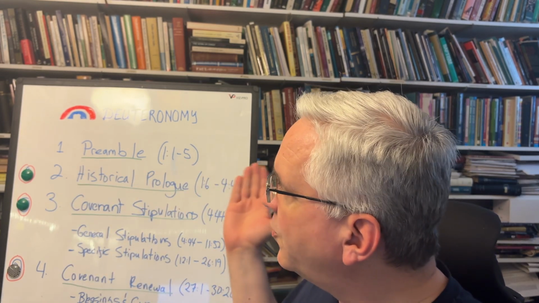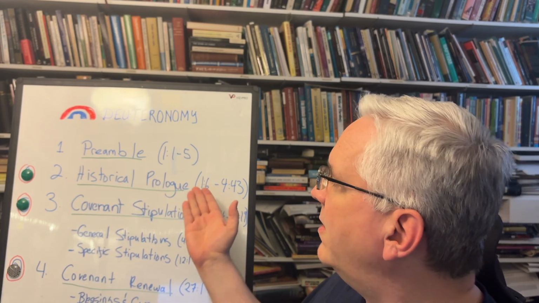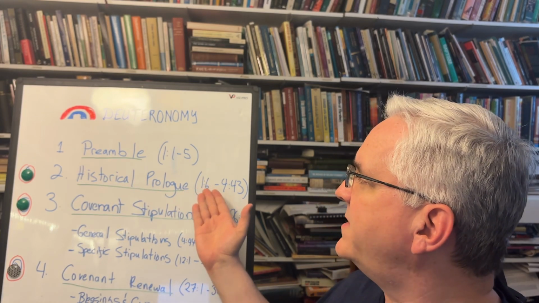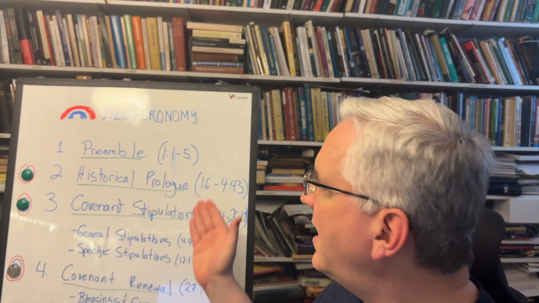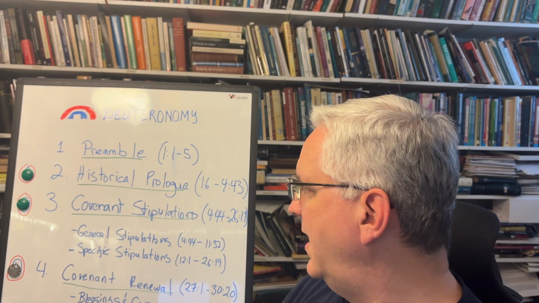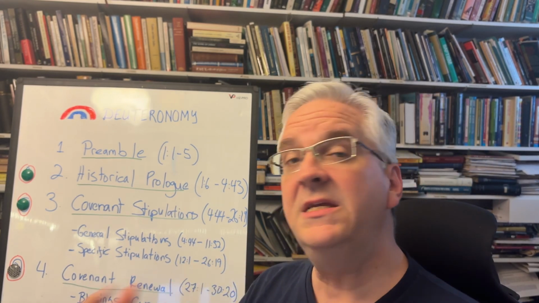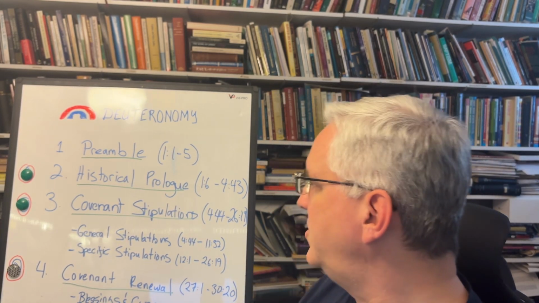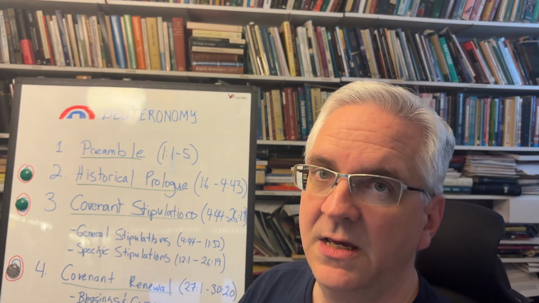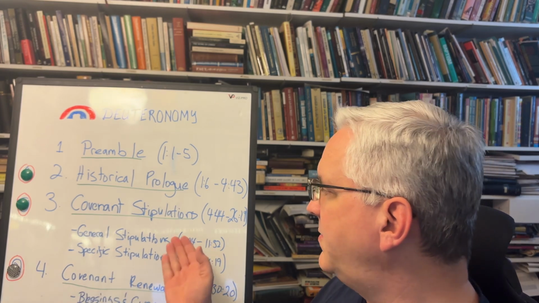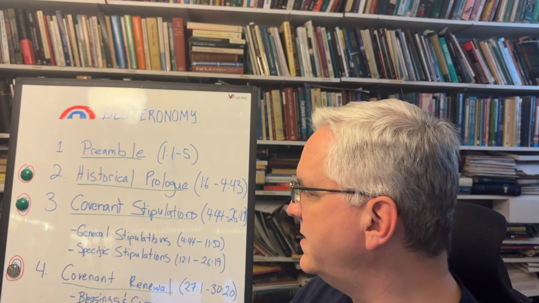It begins with a historical preamble in chapters 1 to 5, followed by a historical prologue, chapter 1, verse 6 to chapter 4, verse 43. And then, of course, the meat of it is the covenant stipulations, the details of the relationship, in chapter 4, verse 44 to chapter 26, verse 19. General stipulations and specific stipulations, basically broken into two parts.